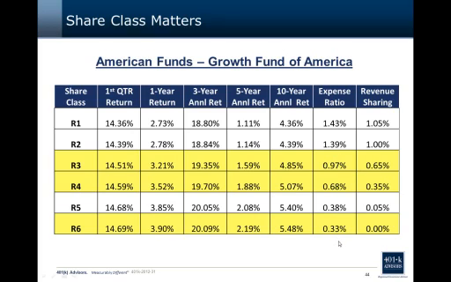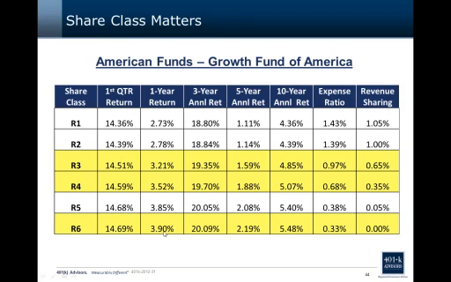What's important to understand is my choice of share class has a direct impact on the plan participant. Because if you start to look to the far left-hand corner and then track some of the returns, let's go down the 1-year column. If I had the R1 share class, my return would have been 2.73% net of expenses. But if I had the R6 share class, it would have been 3.90.